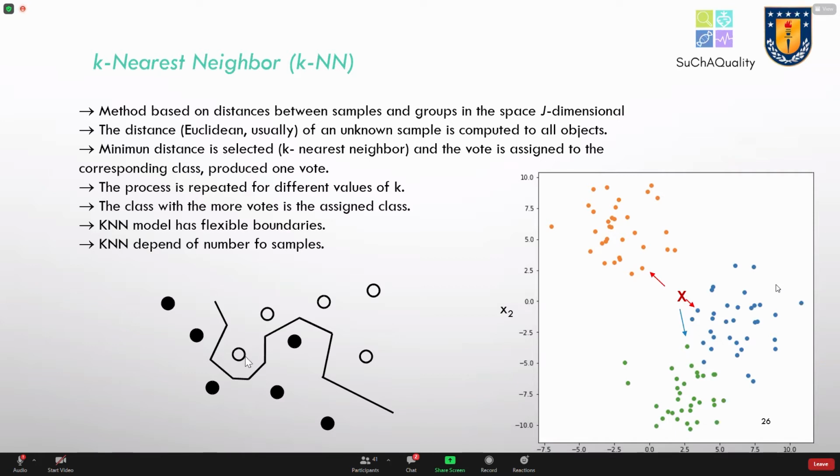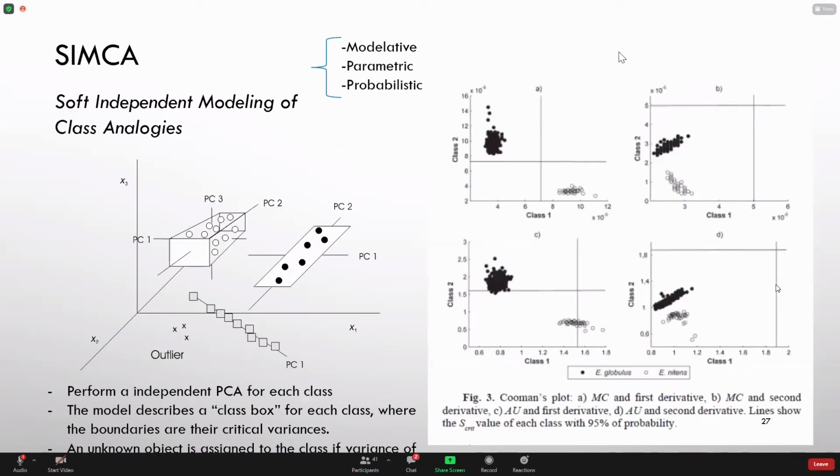But that's no problem, okay? Because we can build flexible boundaries. But this method depends on the number of samples. If we have here 20 samples and here 100 samples, maybe it will not work well, okay?